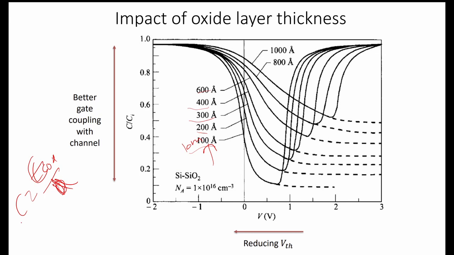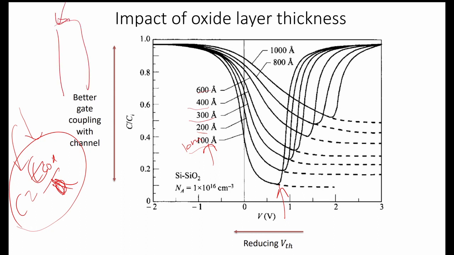So more is the capacitance, more is the control of the gate voltage over the semiconductor, so less will be the threshold voltage. Lesser is the thickness, lesser will be the drop across this.